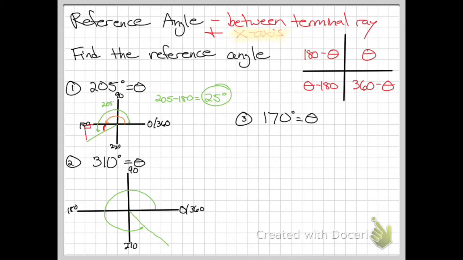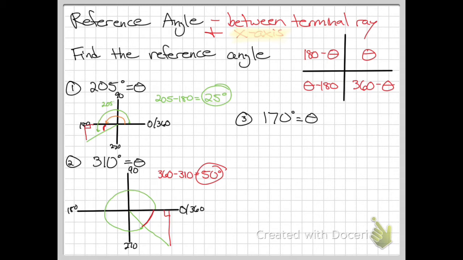I make it a triangle with the x-axis, and my reference angle is right here. Hopefully you can see that the red plus the green makes 360. That's why for this one we do 360 minus 310, and it gives us 50 degrees for our reference angle.